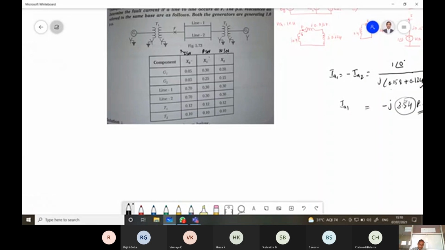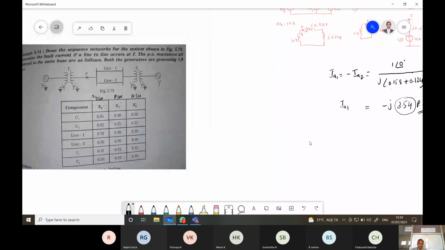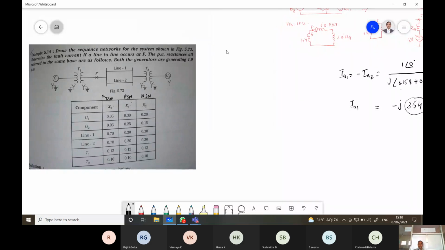So write the reactance diagram or positive sequence network for this. Voltage source, that is for generator, generator reactance, transformer reactance T1.